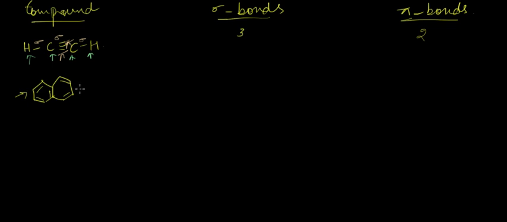So we can convert this compound into a dash formula or a condensed formula so as to give us more clarity on how many bonds are there between the carbon atom and hydrogen atom.